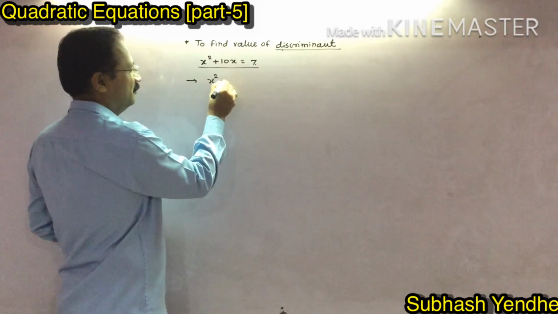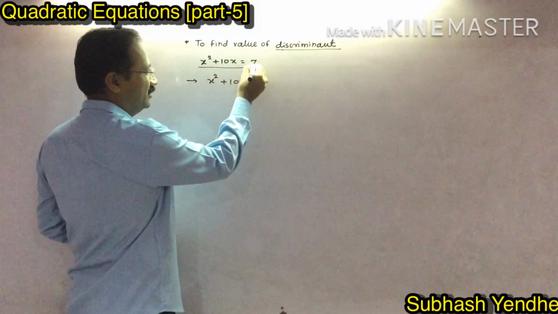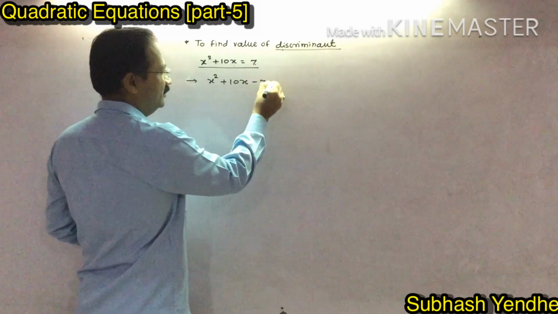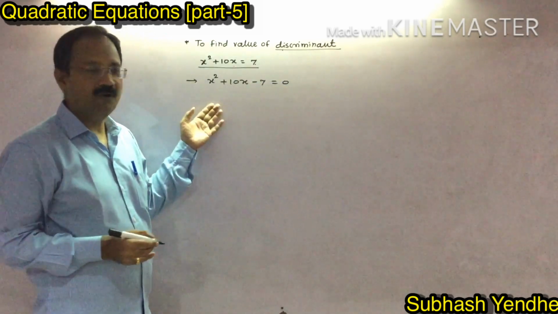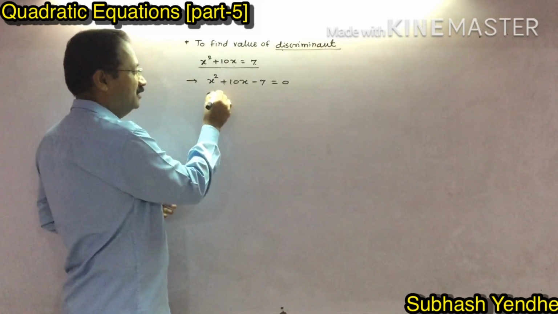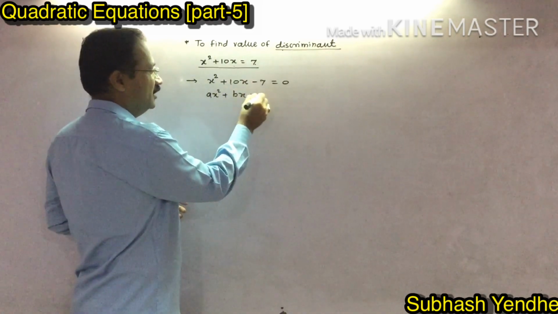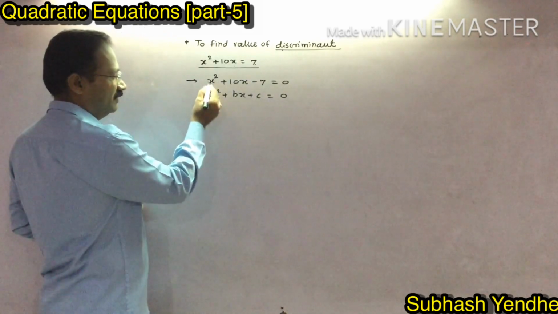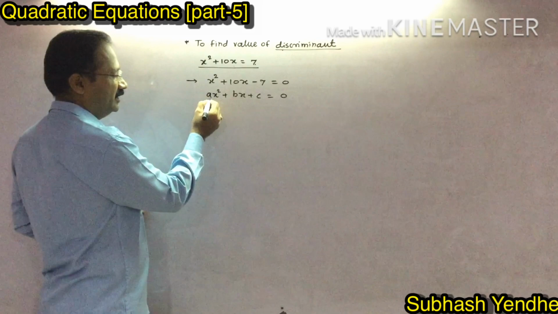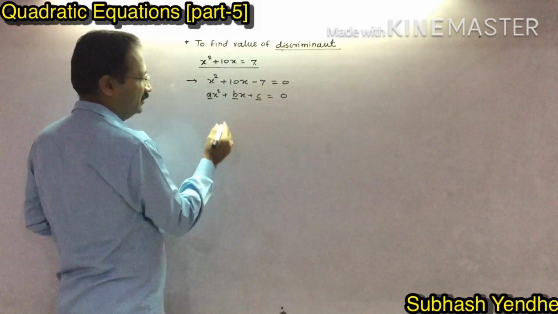X square plus 10x, it will come on this side, so it will be minus 7 equals to 0. So now this equation is in the form of ax square plus bx plus c equals to 0.